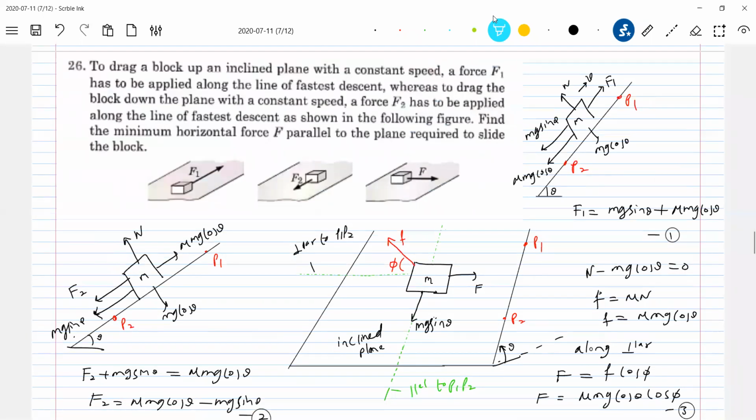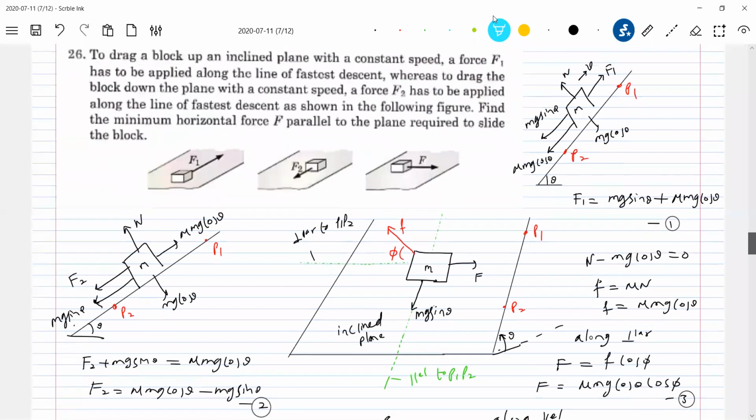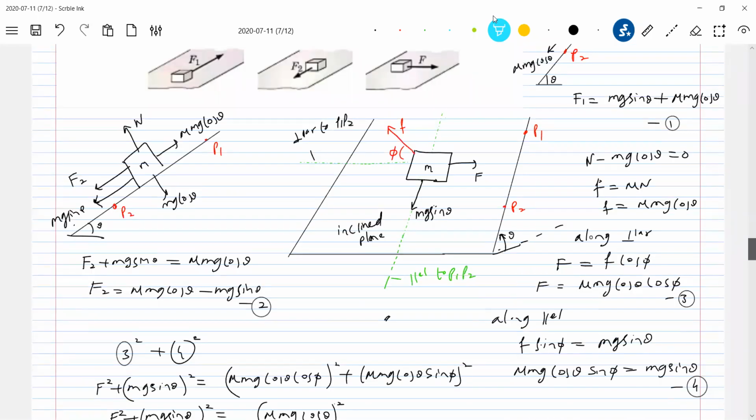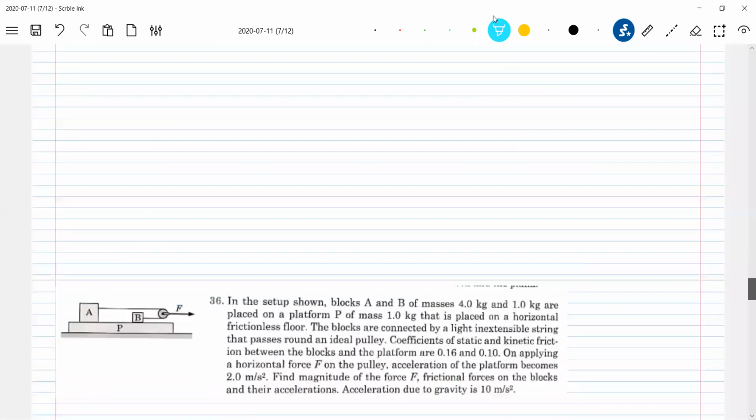Since he explained it, he didn't give much help in the diagram. Okay, fine. Okay, let's come to this one here.